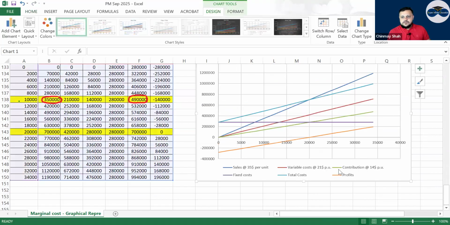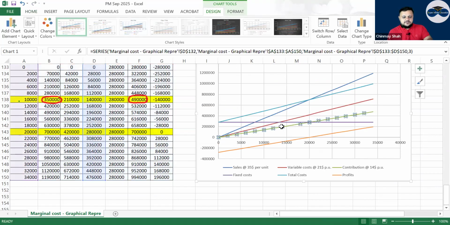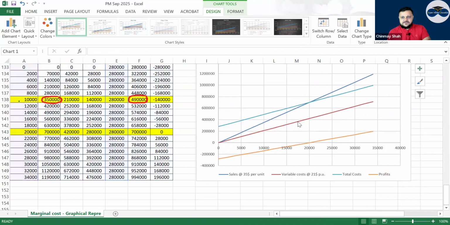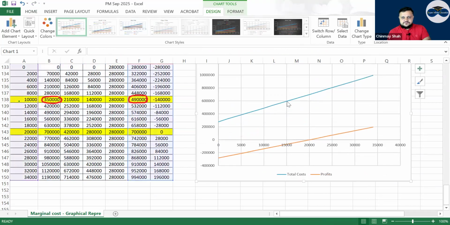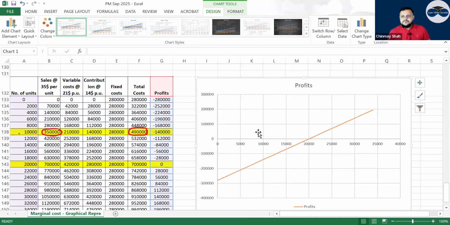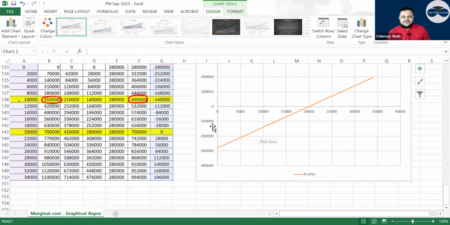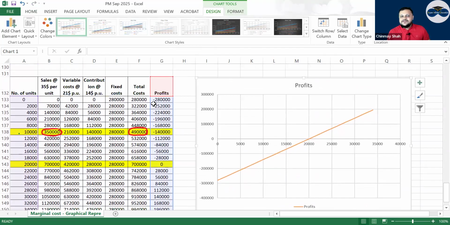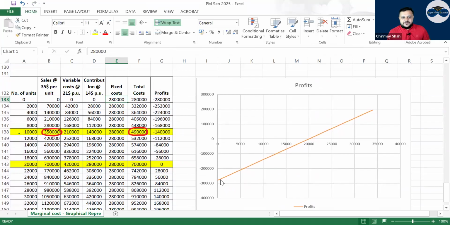I'll delete everything else. Just have a look at the profit line. Are they asking how much is the total fixed cost? Does the profit line start from total fixed cost?